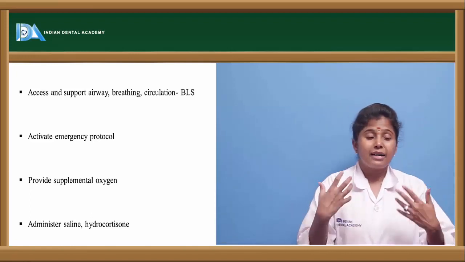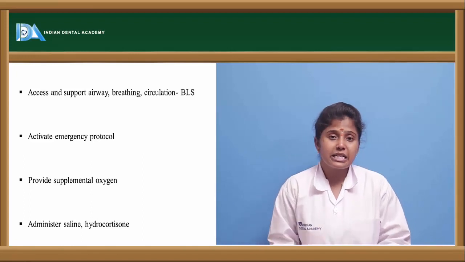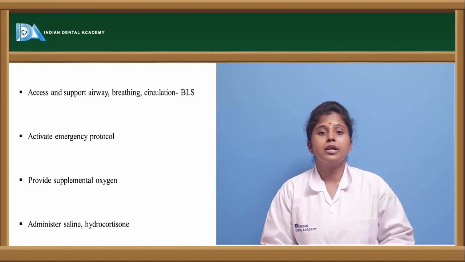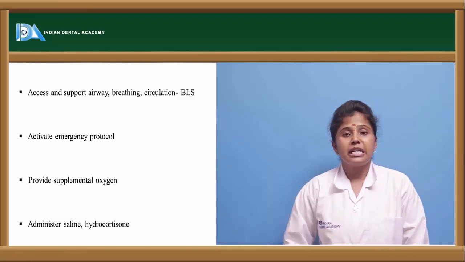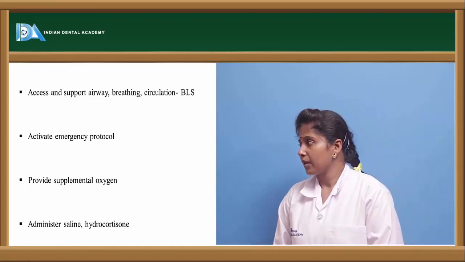And if the patient has insufficiency in breathing, if the patient is having any suffocation even though you keep him in the inclined position, then you need to give oxygen supplements, and we need to administer saline, and hydrocortisone should be given.